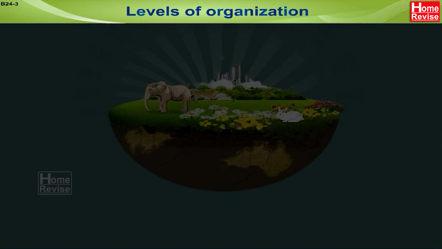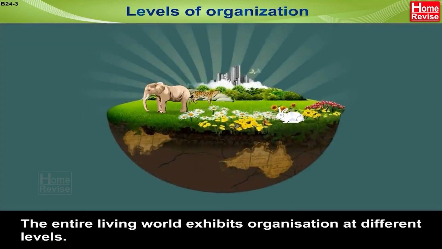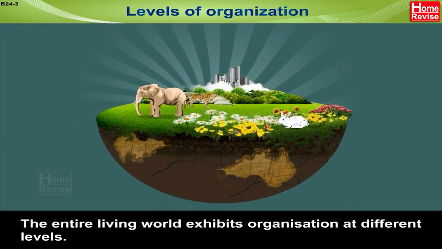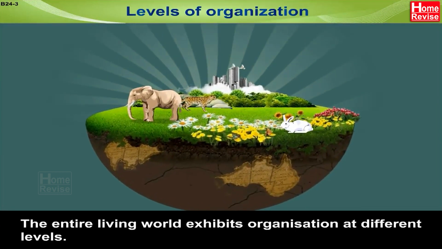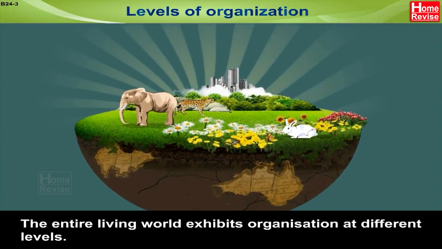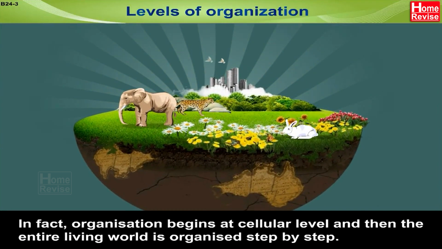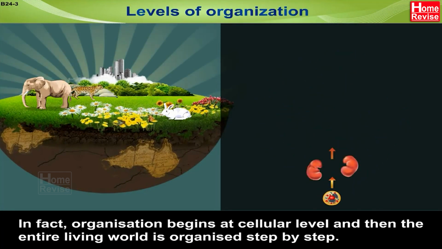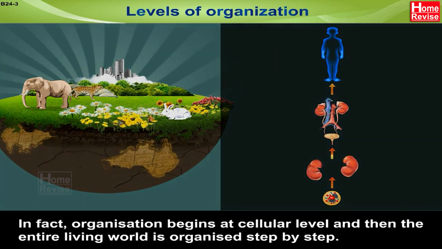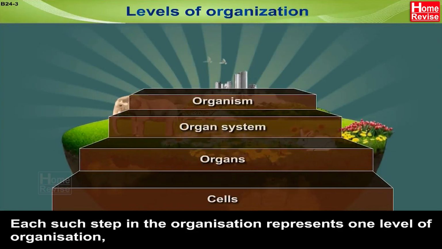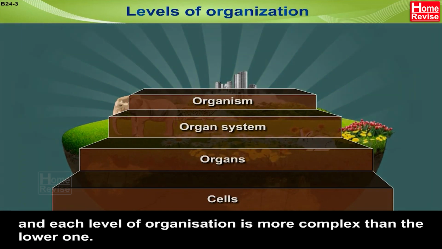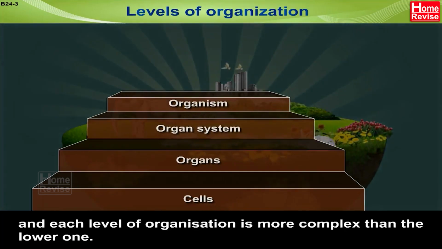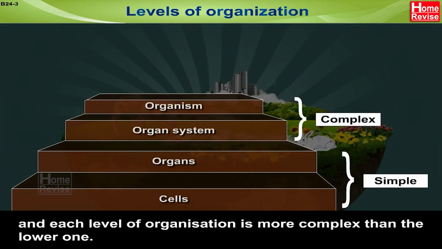Levels of organization. The entire living world exhibits organization at different levels. In fact, organization begins at cellular level and then the entire living world is organized step by step. Each such step in the organization represents one level of organization, and each level of organization is more complex than the lower one.